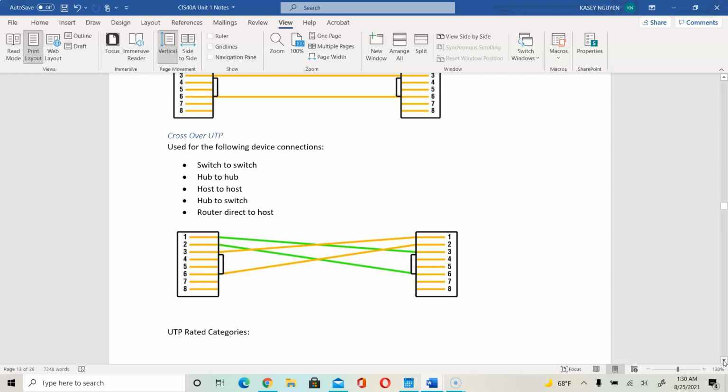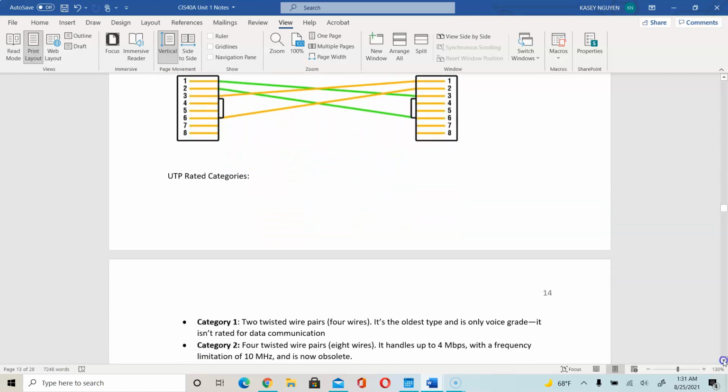That would be used to connect one device to a different type of device, like a computer to a switch. The crossover UTP, one connector is different than the other, how the cable is crossed, or the copper is crossed within that connector. And crossover UTP is used to connect the same type of device.